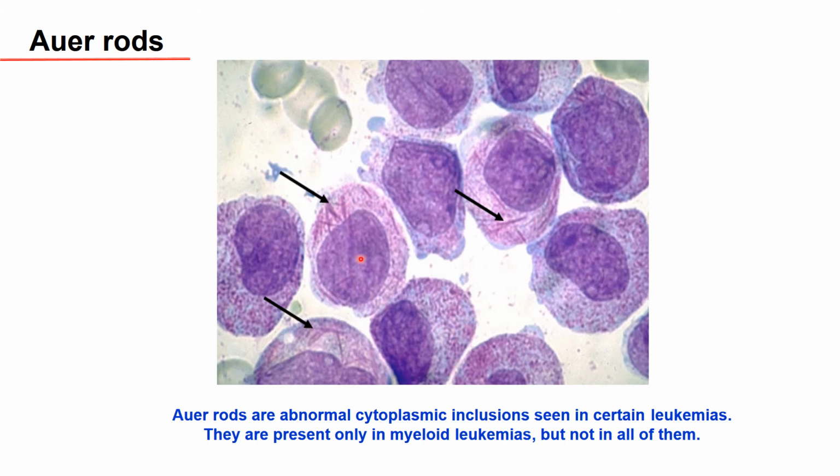But if you do see it, it's a very good clue that it's a myeloid leukemia, and you can say it's possibly a promyelocytic leukemia. This kind of rod can have some thromboplastic activity, so it can induce the coagulation cascade and disseminated intravascular coagulation.